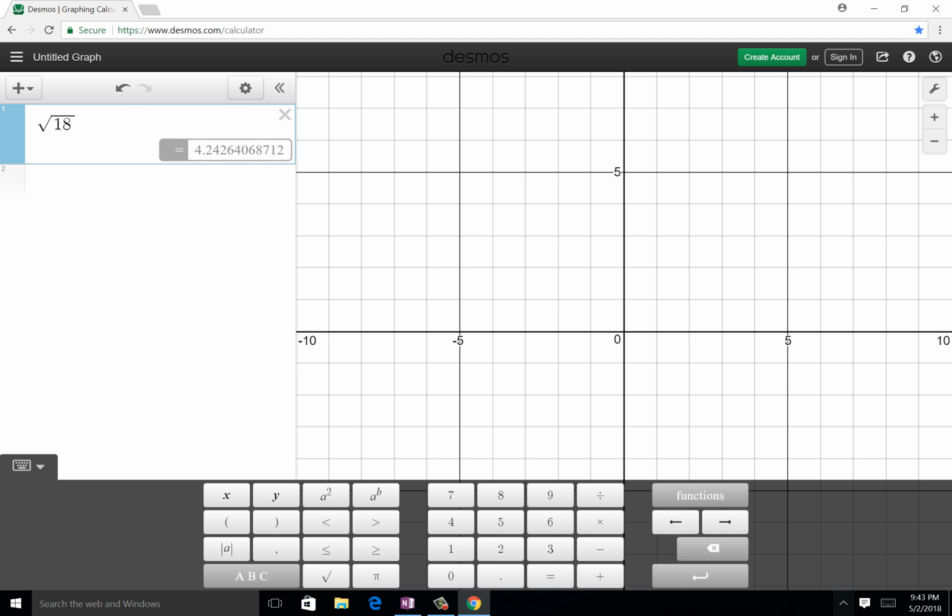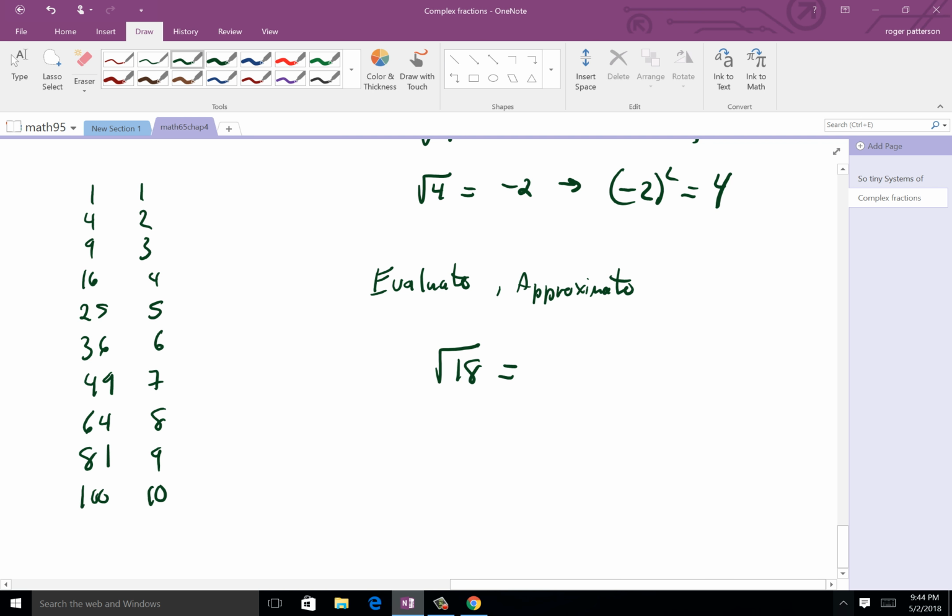It's going to go on because that's an irrational number. Most of your square roots are, unless you get a nice one like the square root of 36 is 6. But most of the time you're going to get square roots that just go on. Those are irrational numbers. So I would write down 4.2, so I'll just put point.